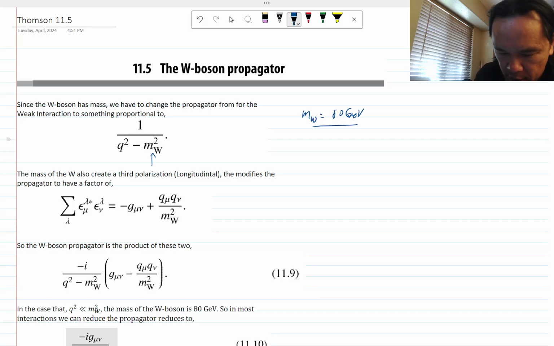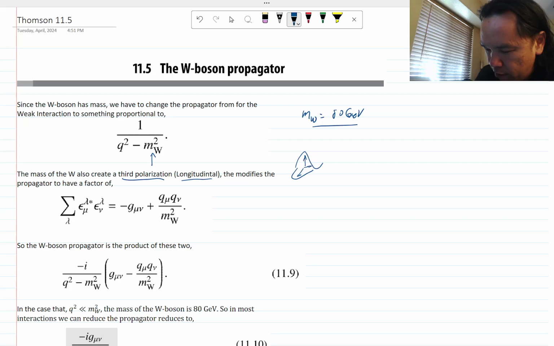Okay. And the mass of the W boson also adds a third polarization, the longitudinal polarization. So remember that electromagnetic wave photons can only have vertical or horizontal polarization. That's because the photon is massless.